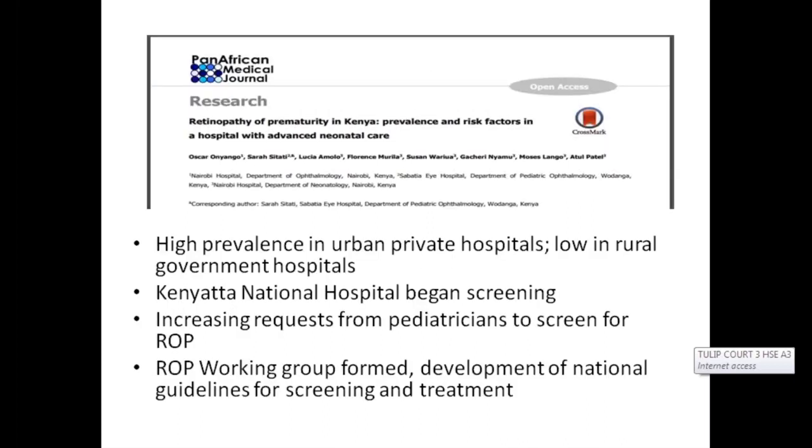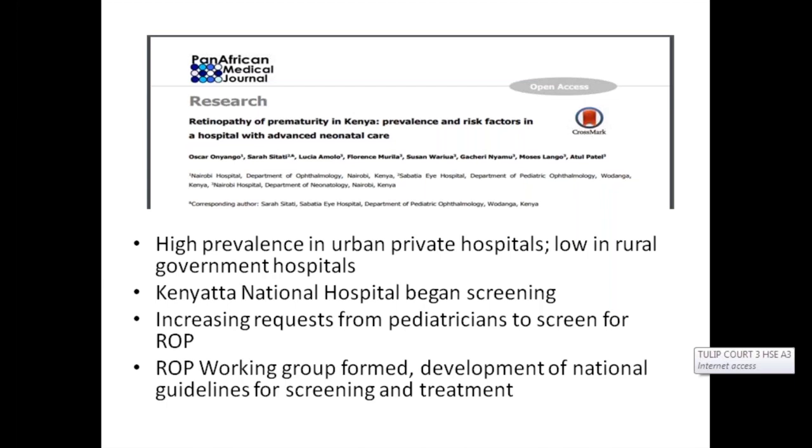So at this point, we basically made the conclusion that we had high prevalence in urban private hospitals because the premature babies were surviving more, and low prevalence in rural government hospitals where mortality was still high and neonatal systems were still undergoing development.